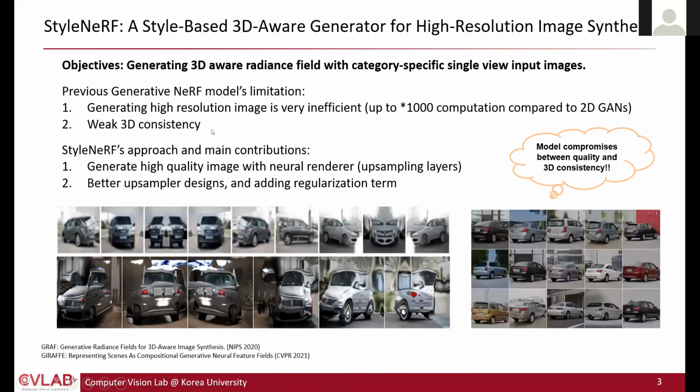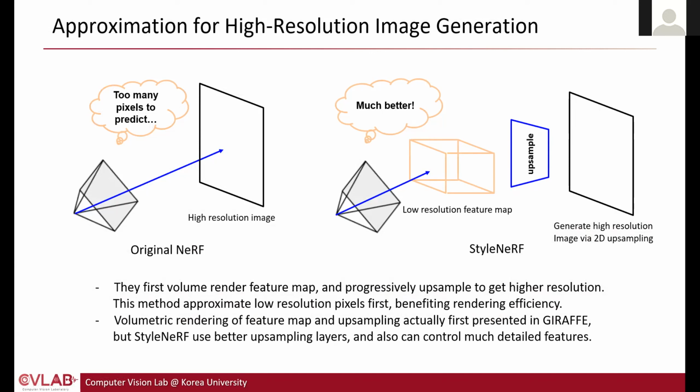The first approach is to use 2D upsampling layers, because if we sample all of the pixels in a high resolution image, the computational cost increases extremely.